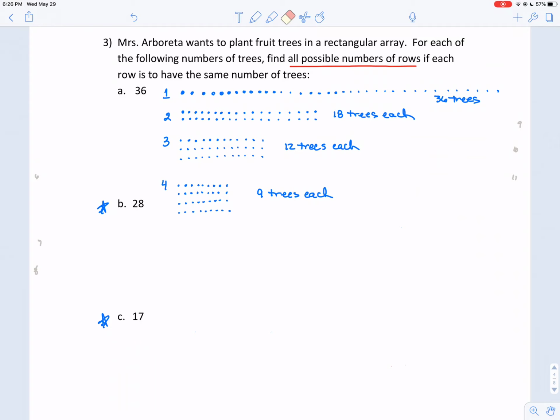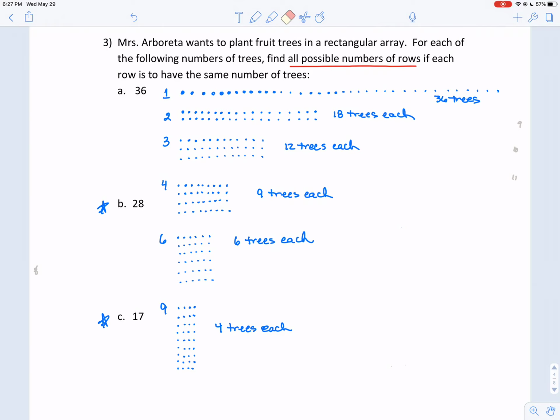Could we use 5 rows and get 36 trees and no more and no less and have the same number of trees in each row? We couldn't with 5 because 5 doesn't go into 36 evenly. But 6 would. So 6 rows with 6 trees each. Then 7 wouldn't work, 8 wouldn't work, but we could have 9 rows with 4 trees.